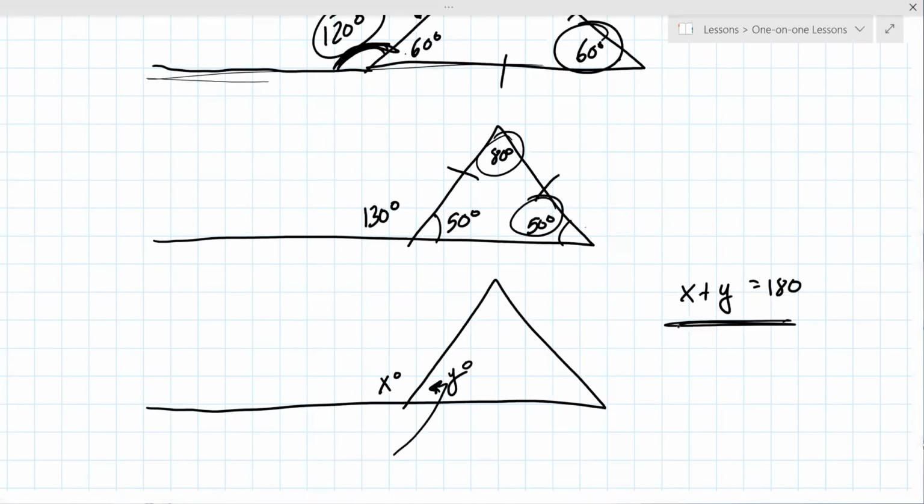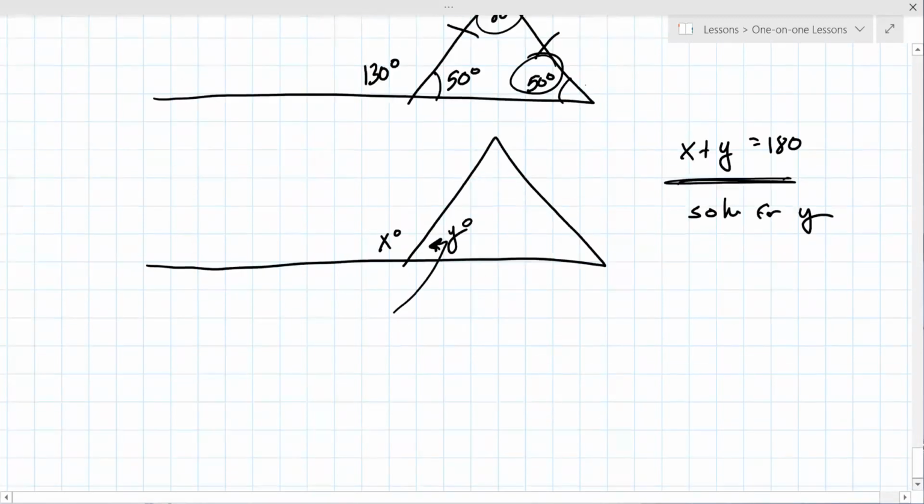I don't understand. That's okay. I'm being a little bit deceptive because I don't want to just tell you what to do. I want you to solve this for y. But we don't have x, so it's not possible to get a numerical value for y, but it is possible to get an equation for y, which is... Oh, it's y equals 180 minus x.